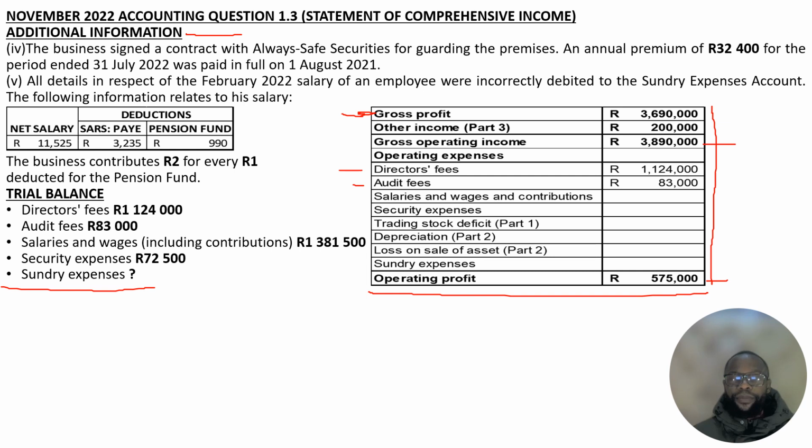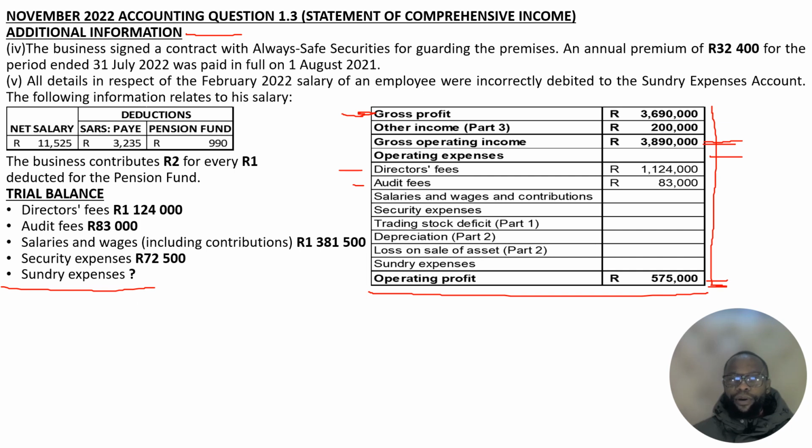So here on other expenses, before you even look at what your expenses are for the month, you know that gross operating income less other operating expenses is equal to operating profit. You are given operating profit of how much? 575,000.